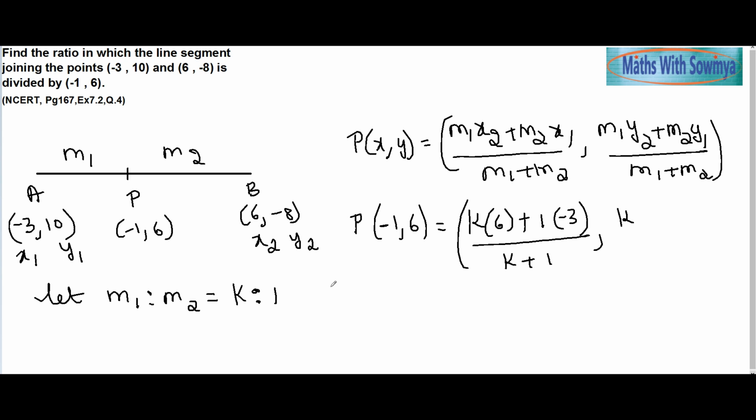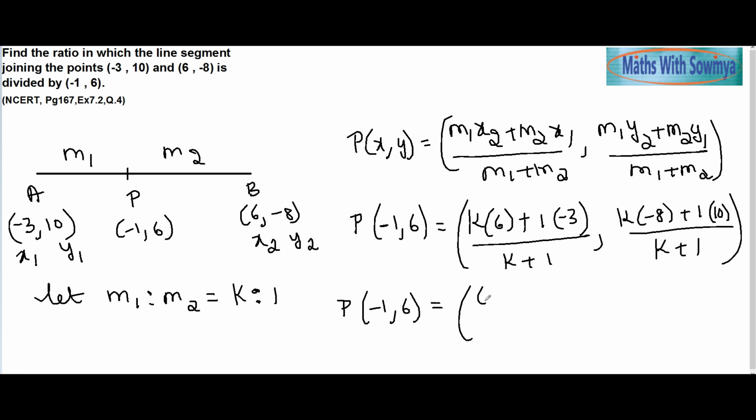Again M1 K, Y2 is minus 8, plus 1 and Y1 is 10, divided by K plus 1. Let us simplify this further. This is 6K minus 3 by K plus 1, and minus 8K plus 10 divided by K plus 1.